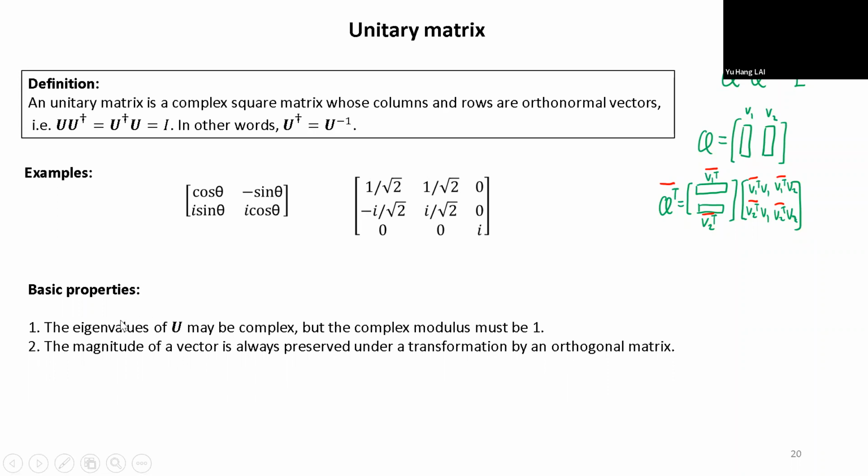First, the eigenvalues of the matrix may be complex, but the complex modulus must be 1. Also, if you use a unitary matrix to transform a vector, the magnitude of that vector is not changed.